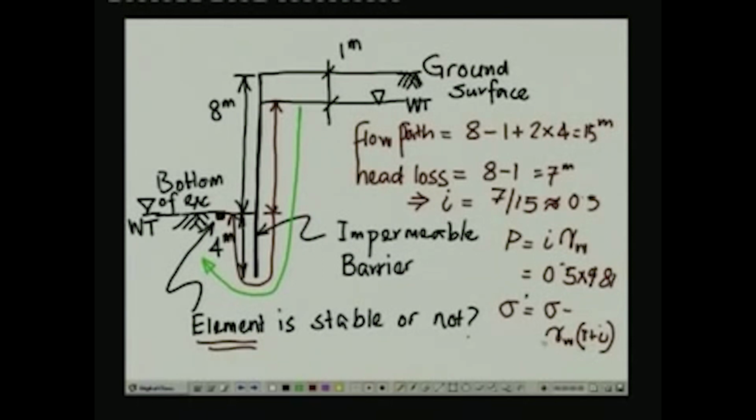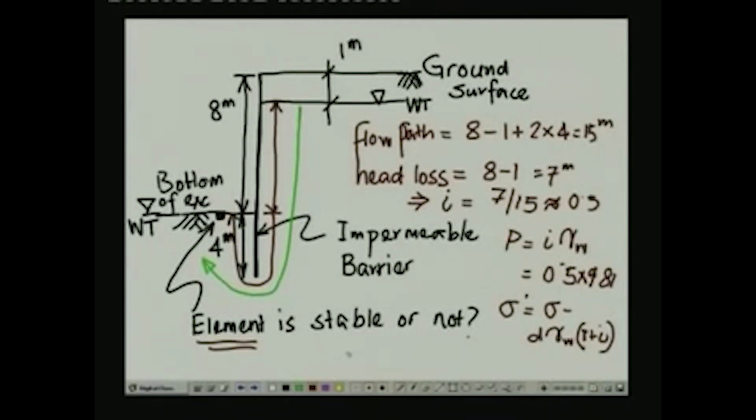So gamma w times depth times 1 minus i. So basically, because of the upward movement of the groundwater, the effective stress is going to get reduced.